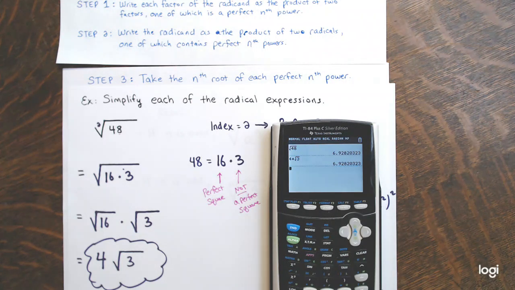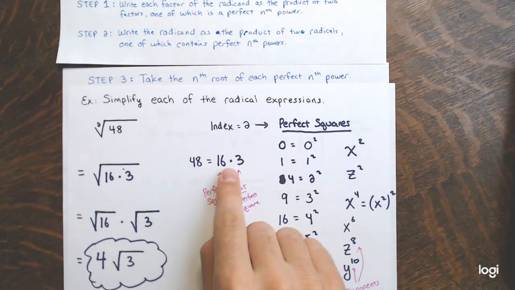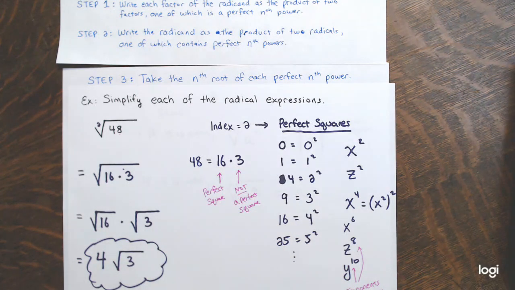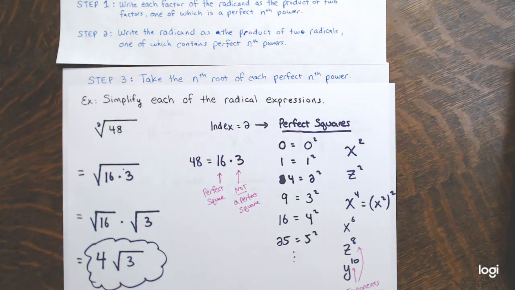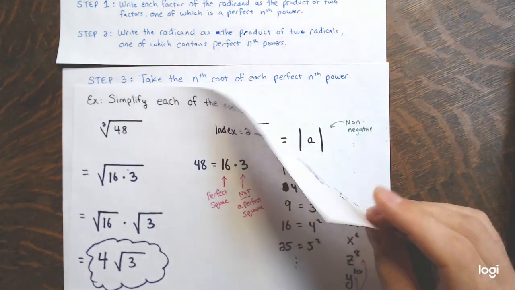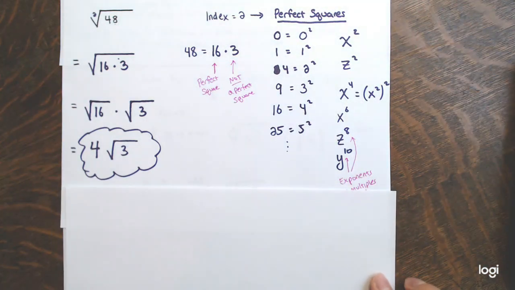Okay, now another way you could have done this that I've also seen, that is also just as valid, is, say you didn't see that 16 was a factor of 48 right away. Another way you could do this is the following.